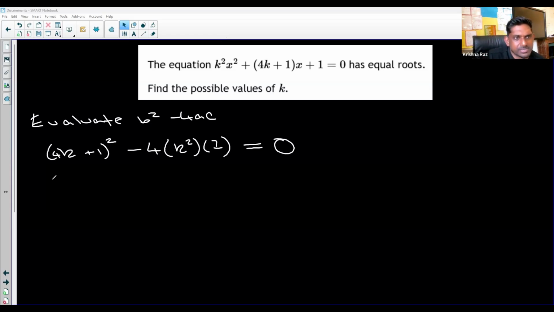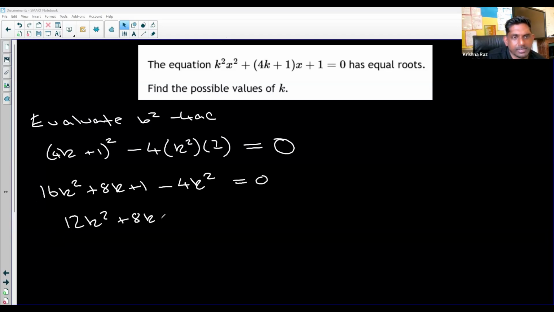Now let's just expand this. So that will give me 16k squared plus 4k plus 4k plus 1 minus 4k squared. So that gives me 12k squared plus 8k plus 1 equals 0. And then we just solve this quadratic.